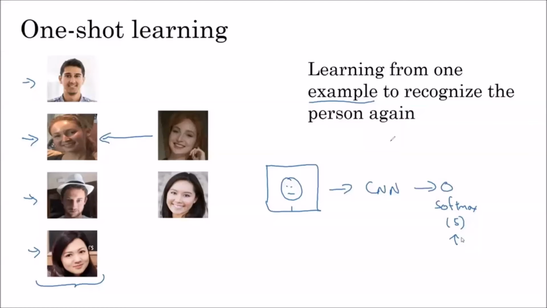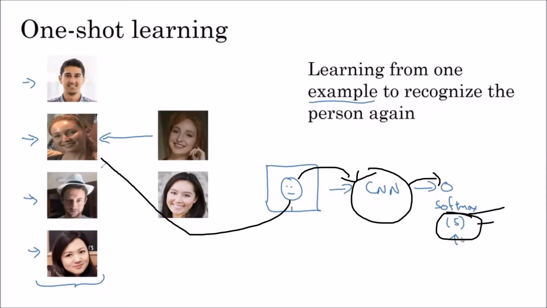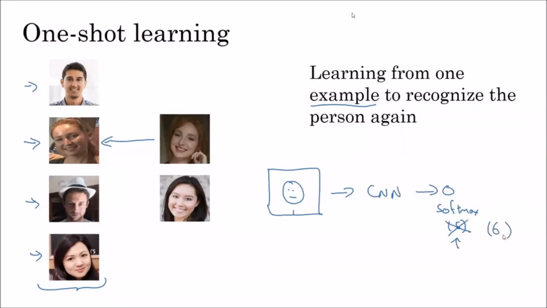Suppose we have 5 persons. We will give an image and we are using a convolutional neural network. In the final softmax layer, it will detect that particular person and mention, yes, this image belongs to that particular person. But if a new employee is added to our company, a 6th person, then we have to change the structure of the softmax layer.